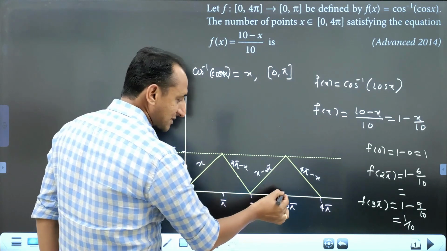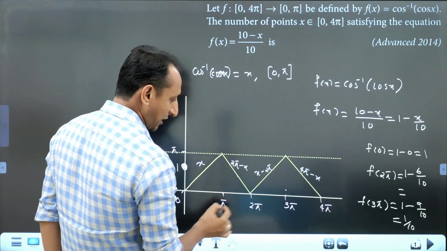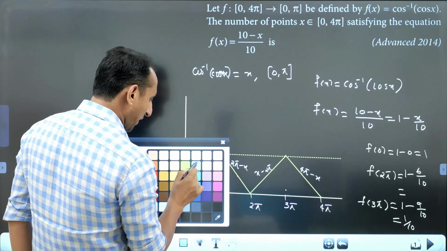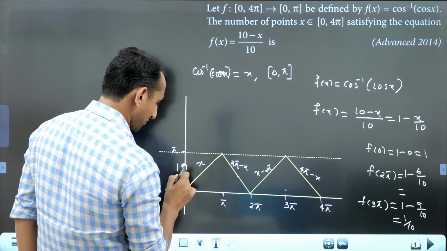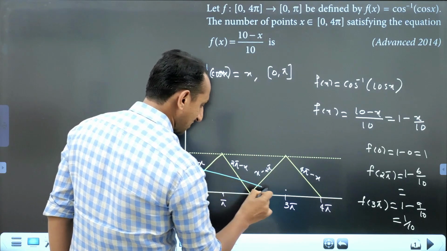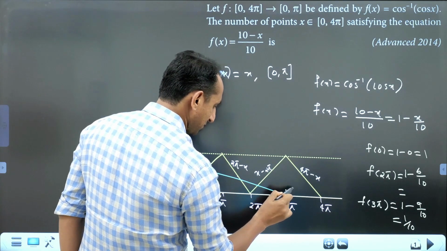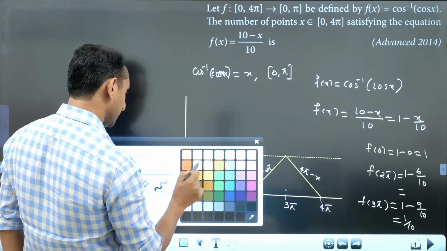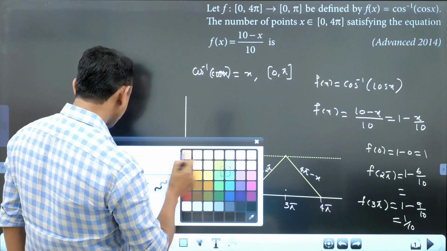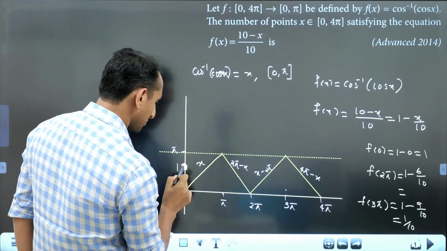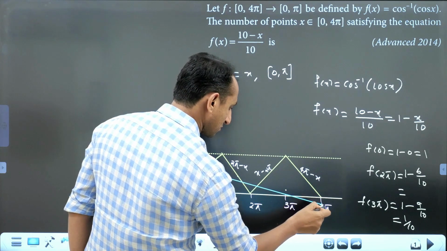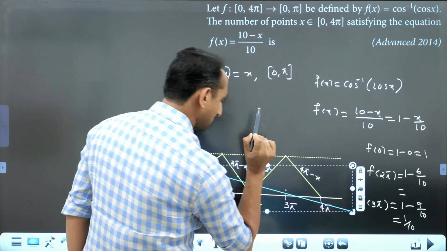When you put x equal to 3 pi, answer becomes approximately 0.1. So this graph passes through this way.